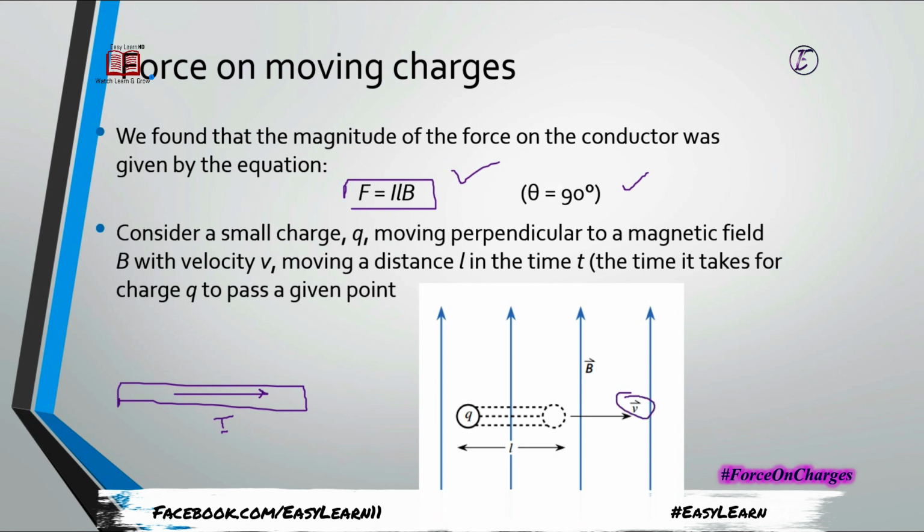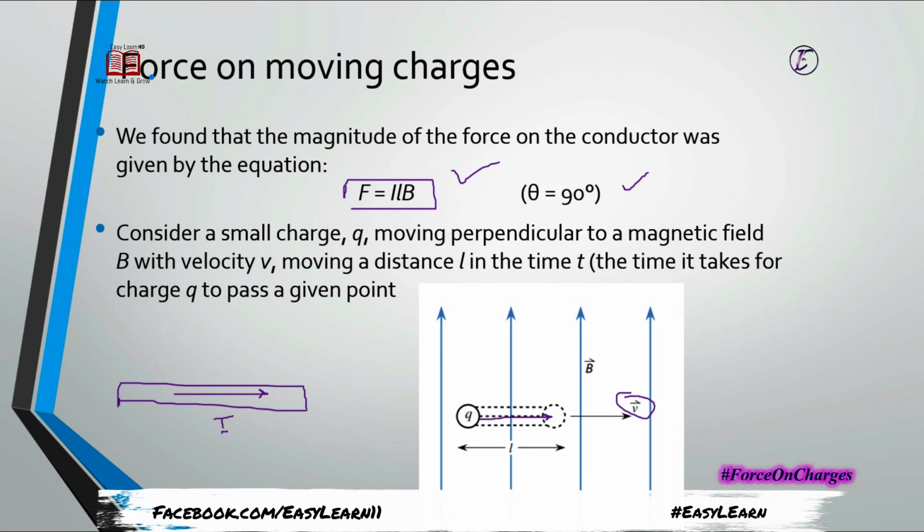Velocity is the direction in which the charge moves. This is the direction of the velocity, and the charge is now going to take the position represented by the dotted lines in the next couple of seconds.